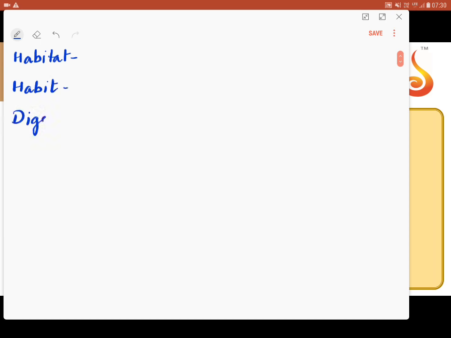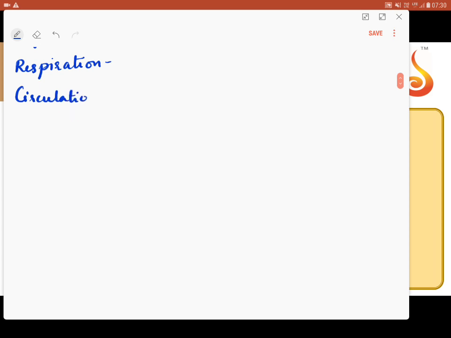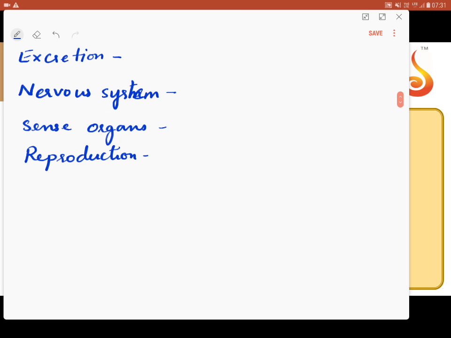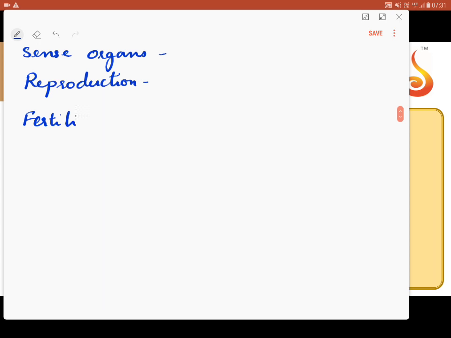Then came digestion, respiration, circulation, locomotion, excretion, nervous system, sense organs, reproduction, fertilization, and development. So let's go one by one.